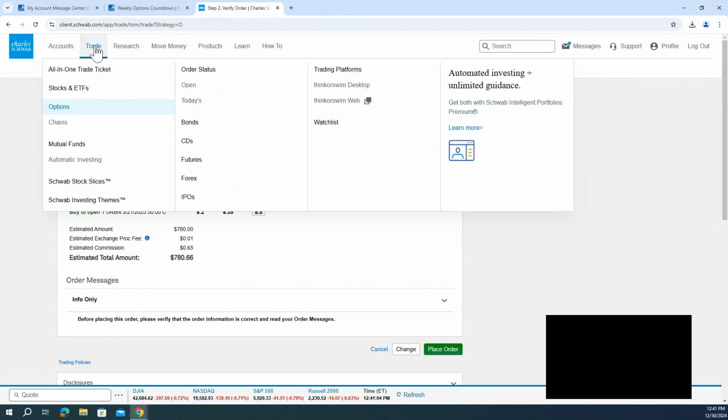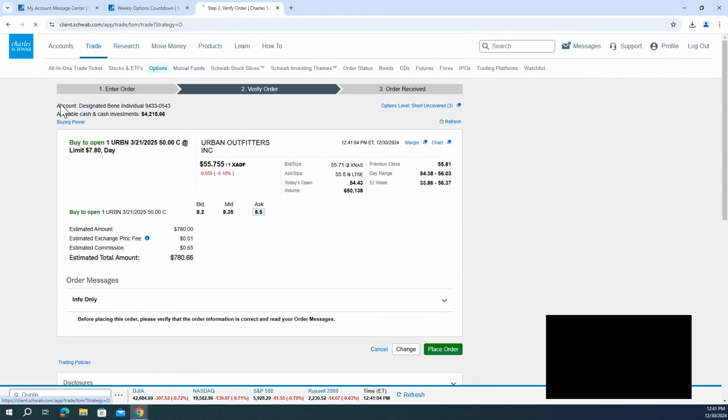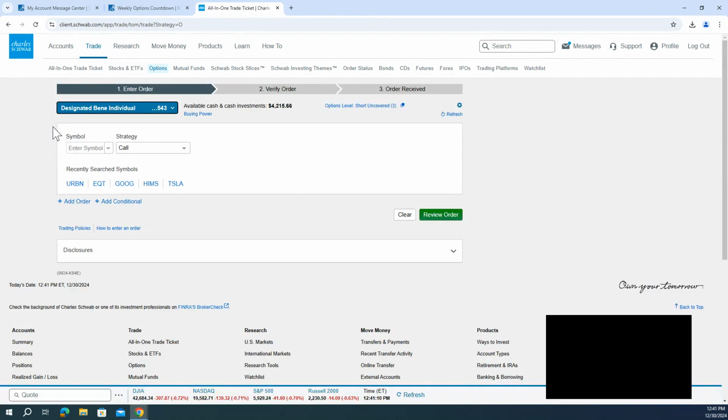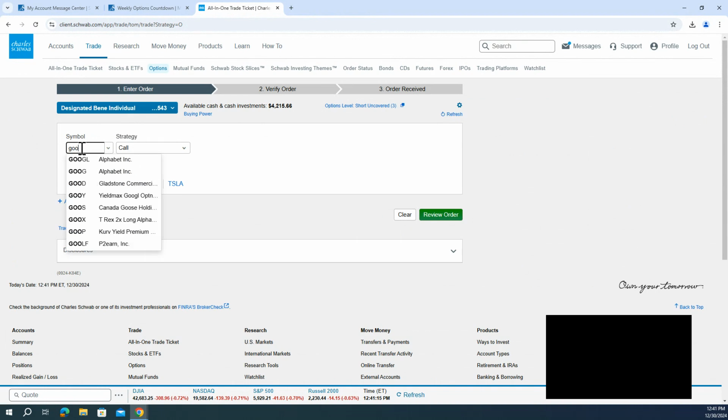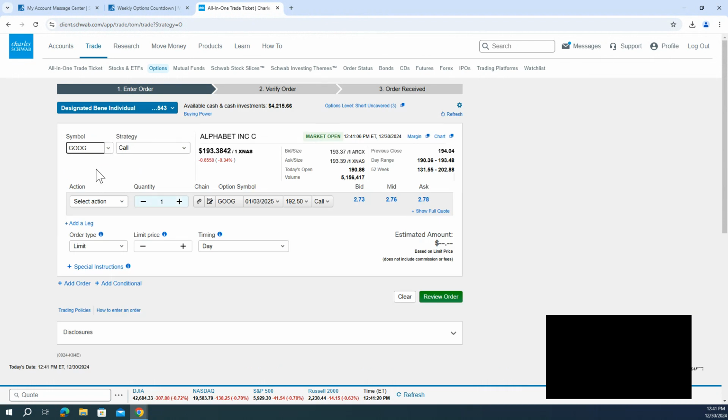We'll go in the trade, and then we'll go into options. GOOG. Make sure to select the proper ticker for the Alphabet shares. And here we recommended buying the call.